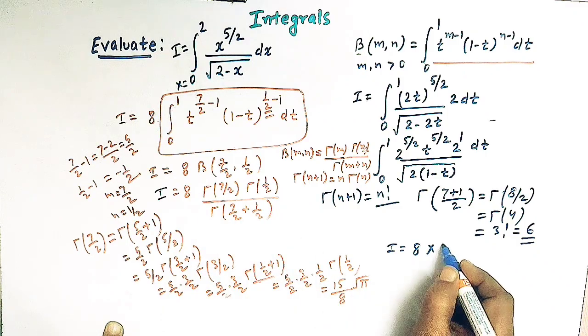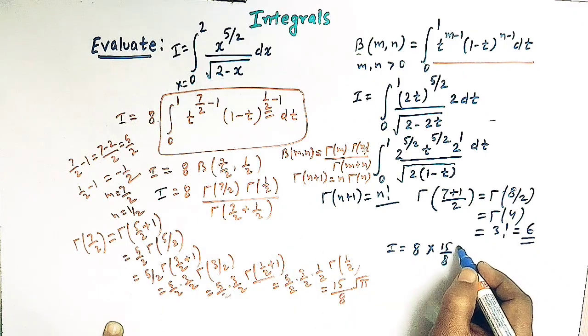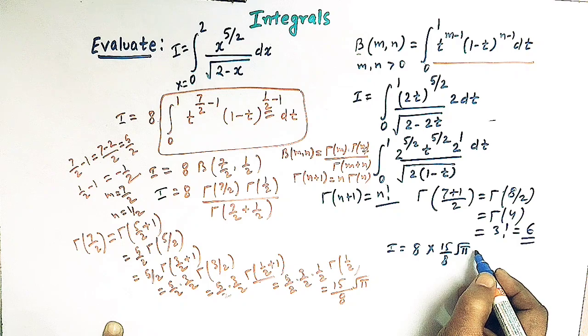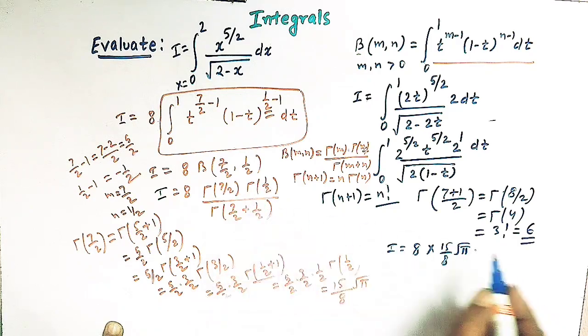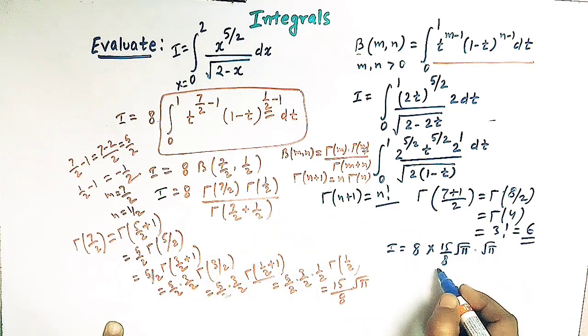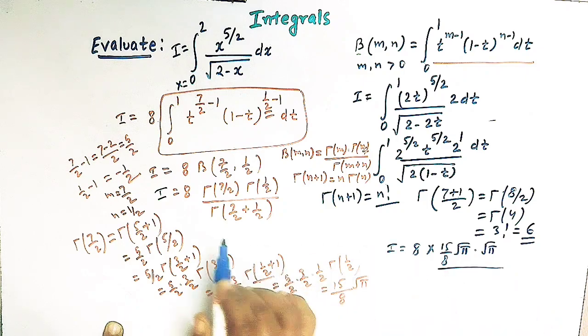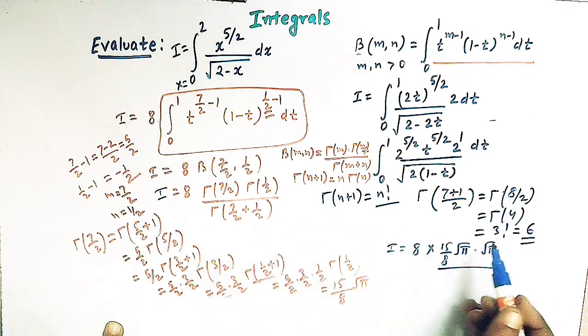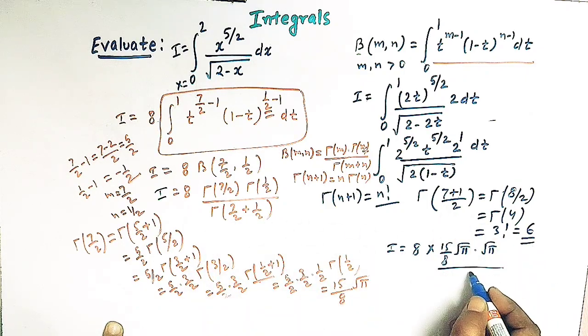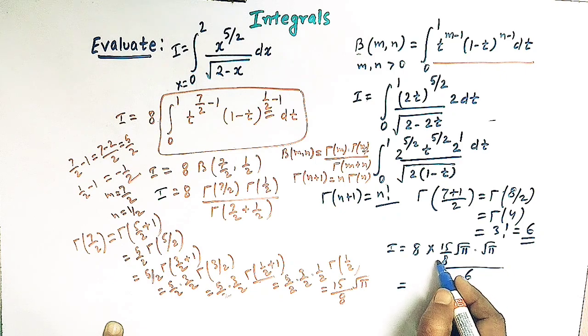So now we can write the value of this integral I as 8 times gamma 7 over 2, which is 15 over 8, and here we have root pi, and gamma half is square root of pi and divided by this expression, and this is equal to 6, right? So now this 8 and this 8 get cancelled, and we have 15 over 6.